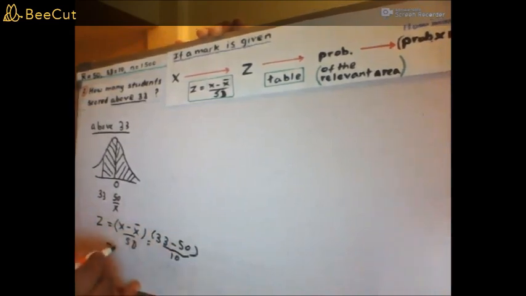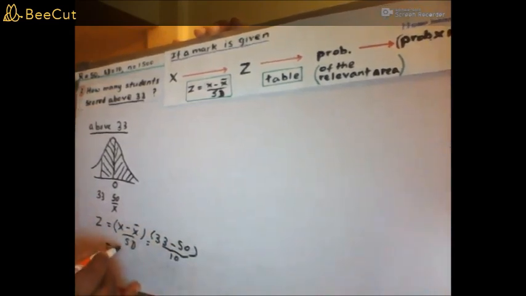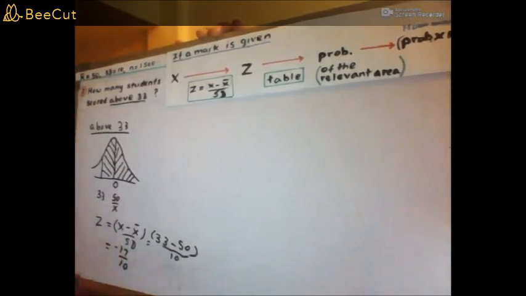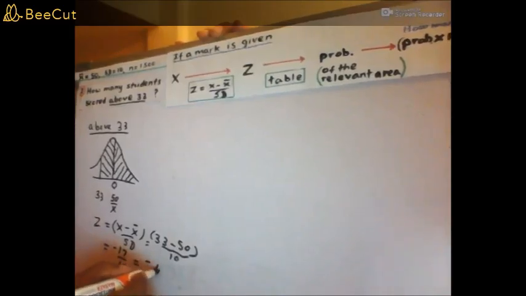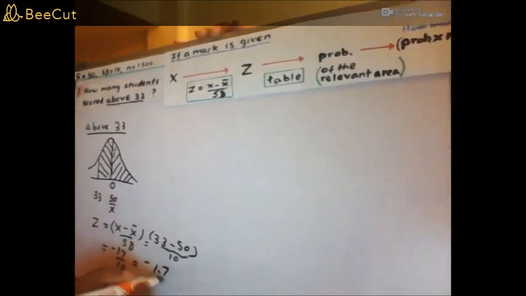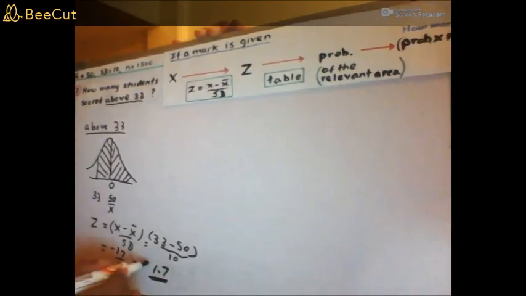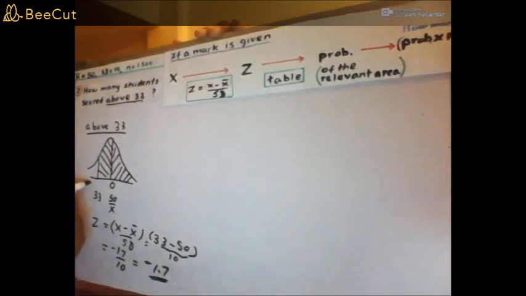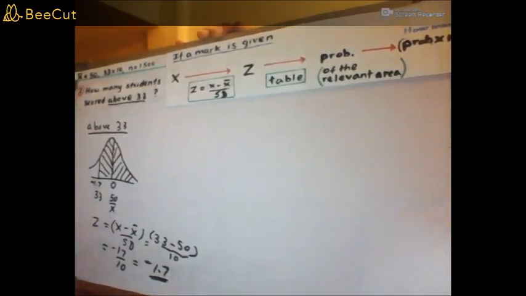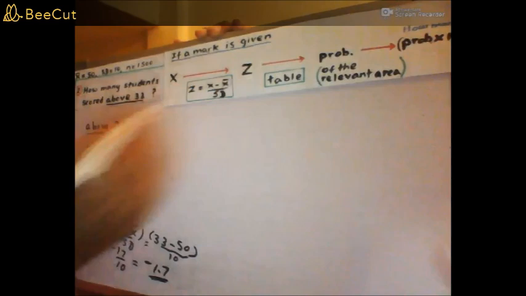So here minus 17 divided by 10. The answer is minus 1.7. Minus mark is there, right? Then put it there. Minus 1.7. Right. We have found the Z value.